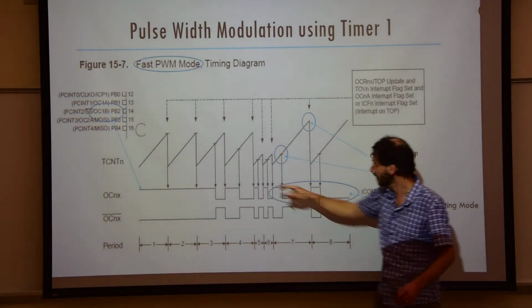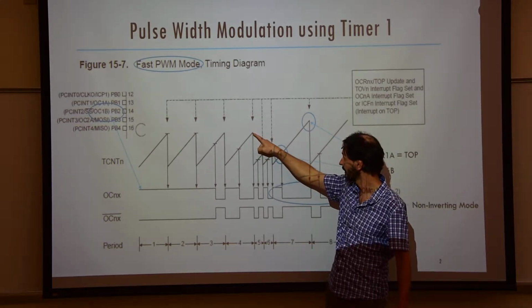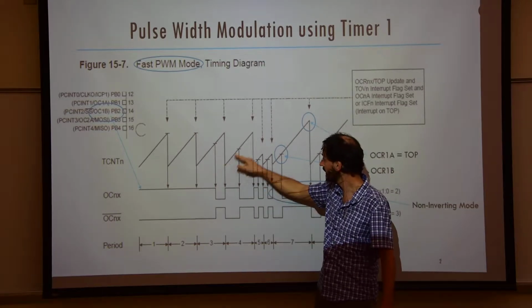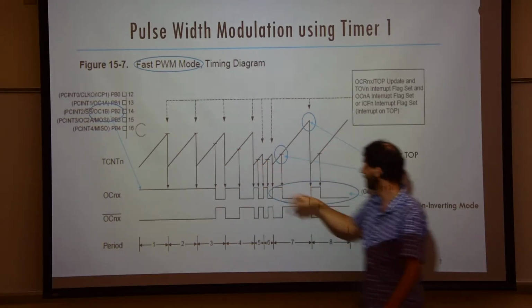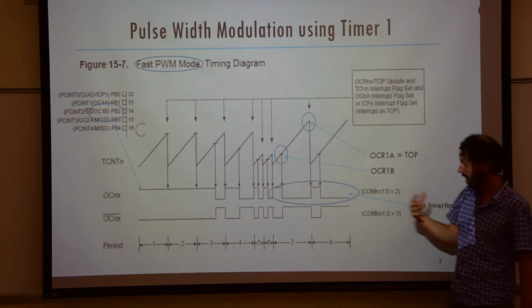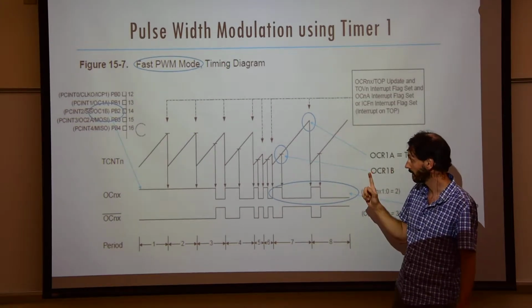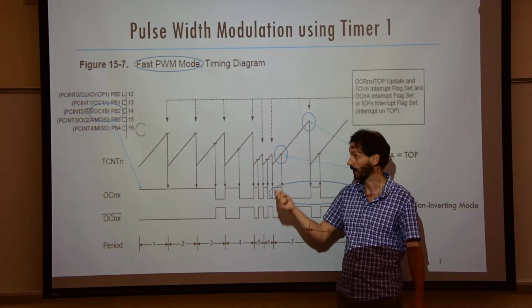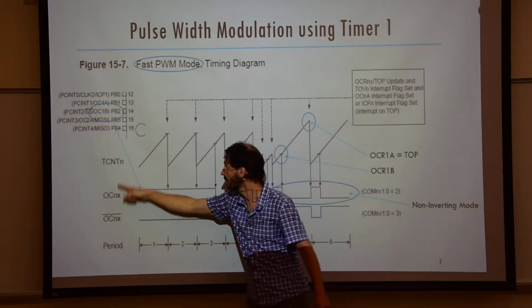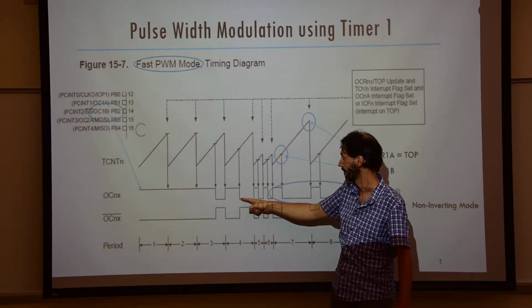So it is possible to take such a sawtooth and not just compare against this top value, which will then clear the counter back to 0, but also in the meantime compare against this other register called OCR1B. Now the counter will still increment, so nothing changes, but it is an indicator to the hardware device to flip the value on this pin PD2 from high to low.